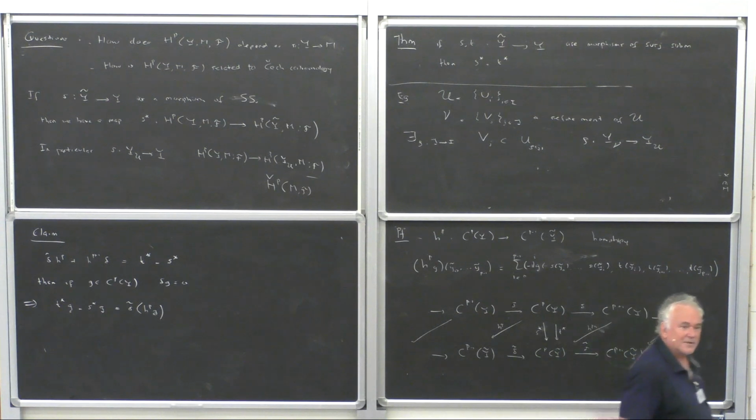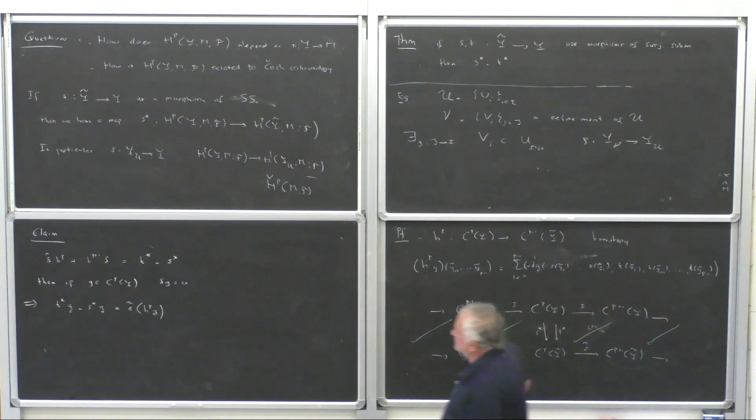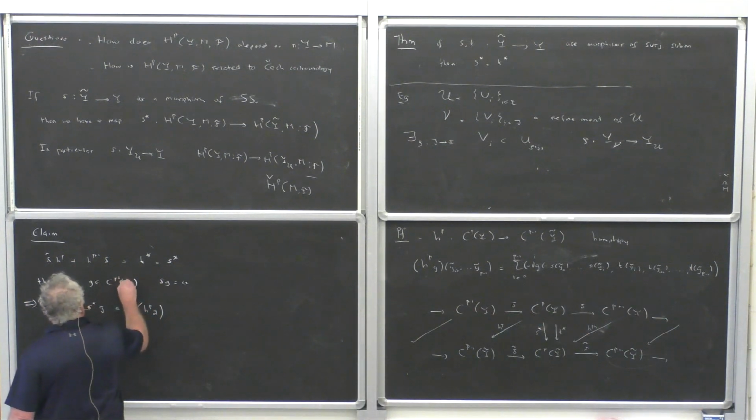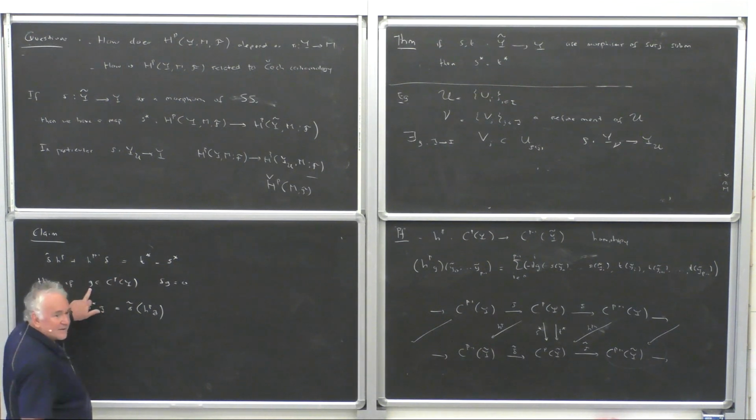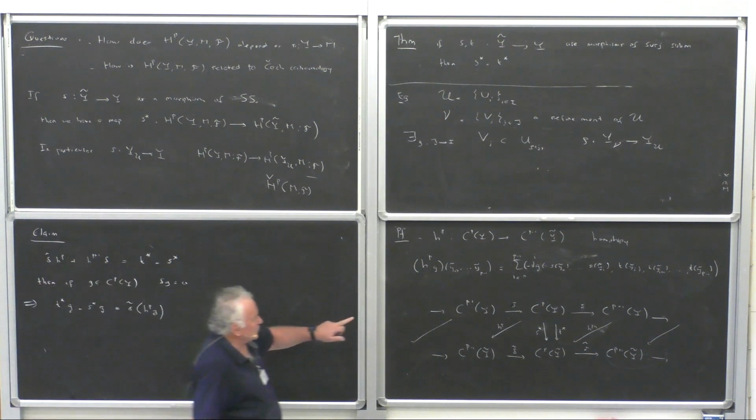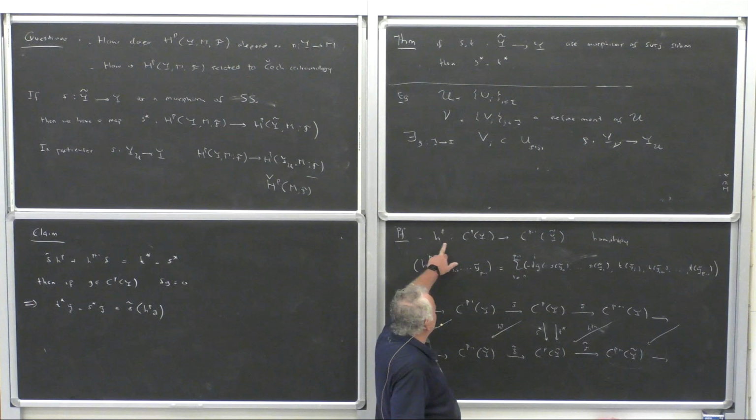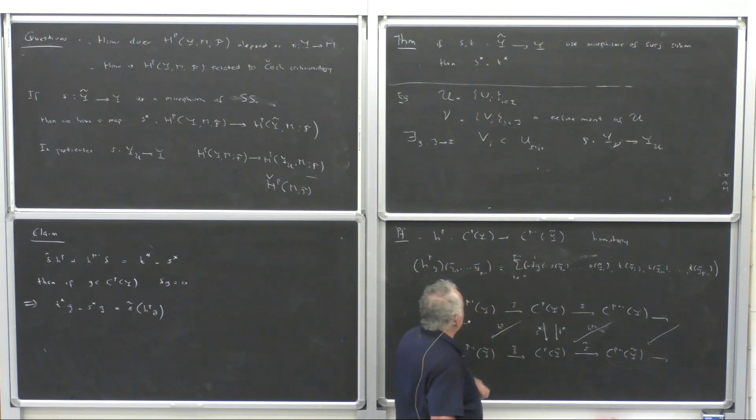Sorry? What should be p minus 1? H^p of g should be a function of C^{p-1}. Oh, yeah, sorry. H^p sends the function from C^p to C^{p-1}.